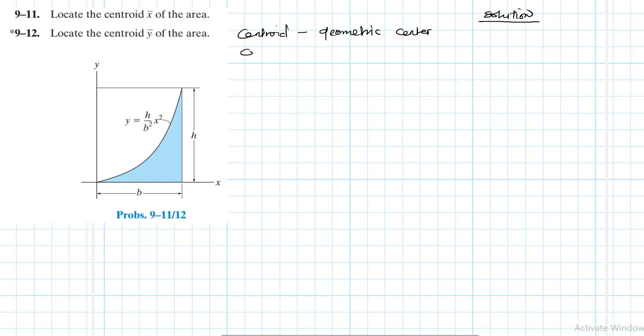So we have the centroid of a line, the centroid of an area, and the centroid of a volume.